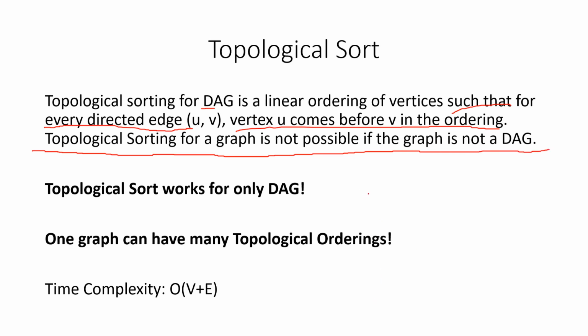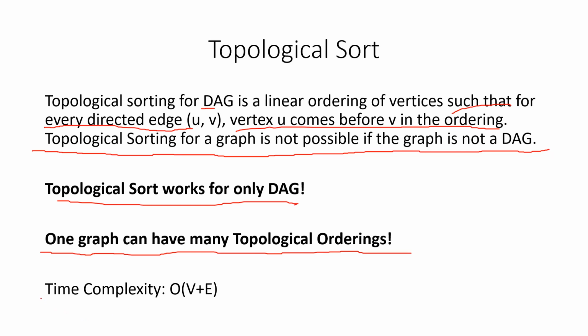So one graph can have many topological orderings, so the result is not always only one. For one graph, there are many possible ways of sorting.